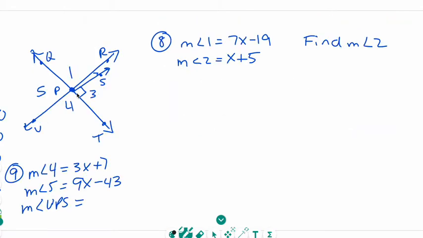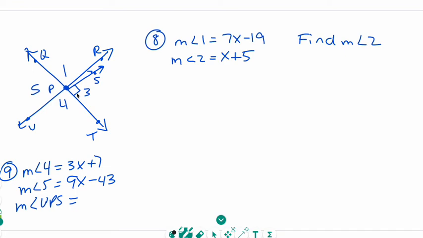All right, for question number 8, in our diagram, we are looking at angle 1 and angle 2. And you'll notice that this is a perpendicular angle, which means that this one will also be a perpendicular angle.